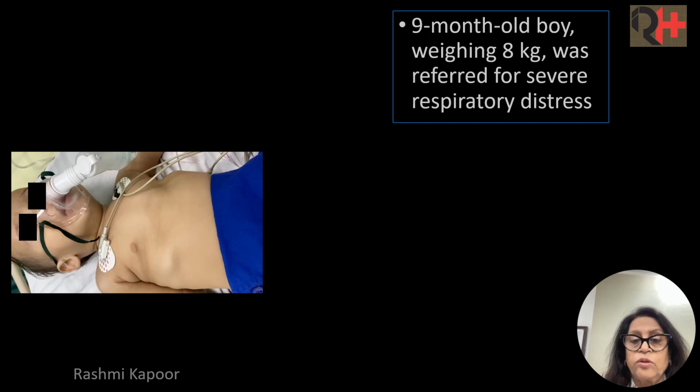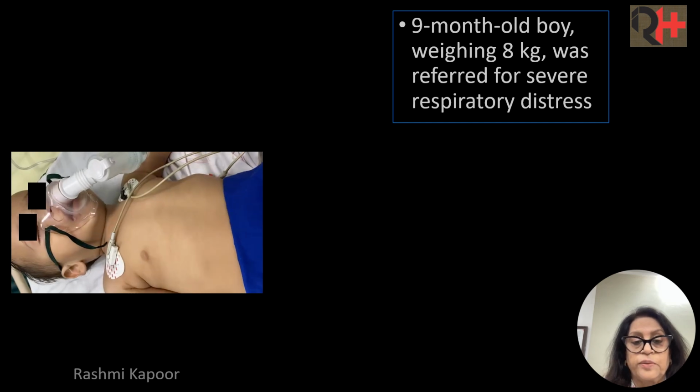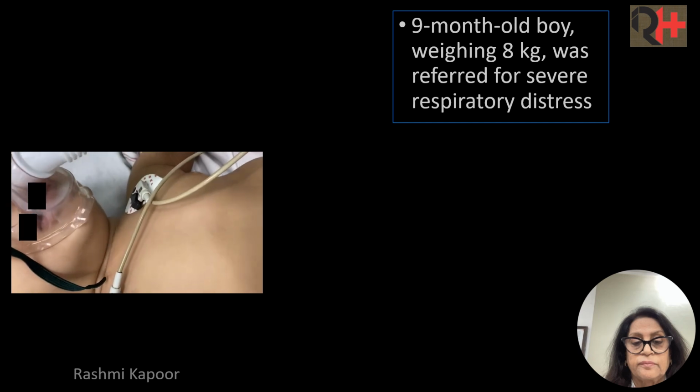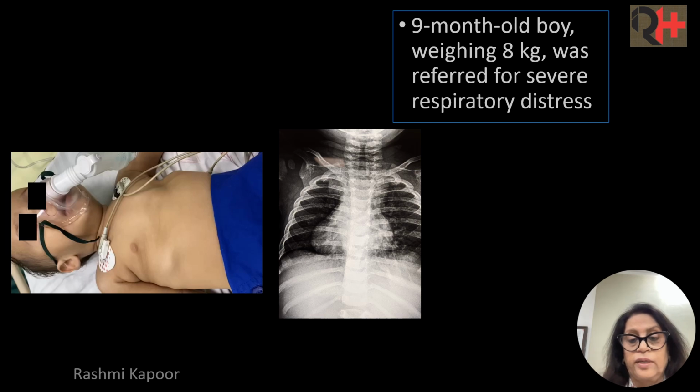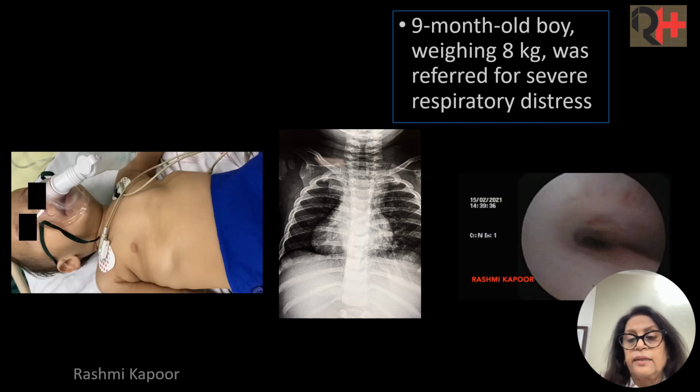A 9-month-old boy weighing 8 kg was referred for sudden severe respiratory distress. We can see that there is severe inspiratory stridor. We thought there was a foreign body. We did an X-ray and found soft tissue shadows bilaterally on both sides of the trachea. We went ahead and did the bronchoscopy and found in the anterior, upper trachea a pulsatile mass.